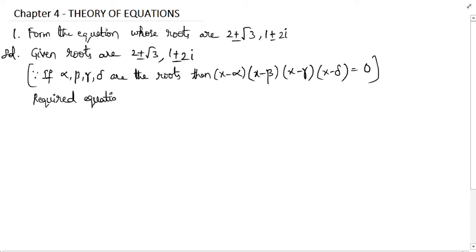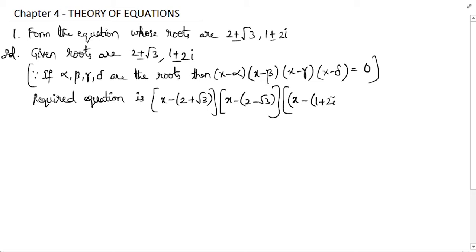So the required equation, referring to the above formula, we can write as x minus (2 plus root 3), then x minus (2 minus root 3), then x minus (1 plus 2i), x minus (1 minus 2i), which is equal to 0, right?